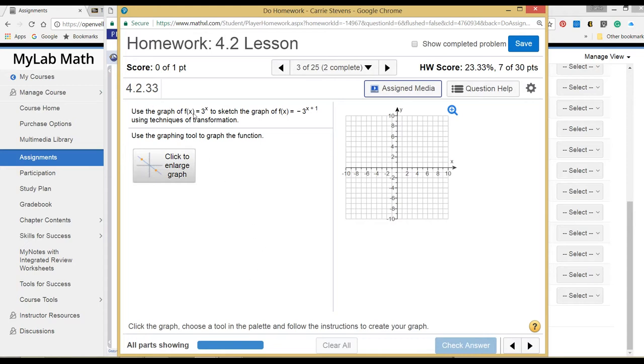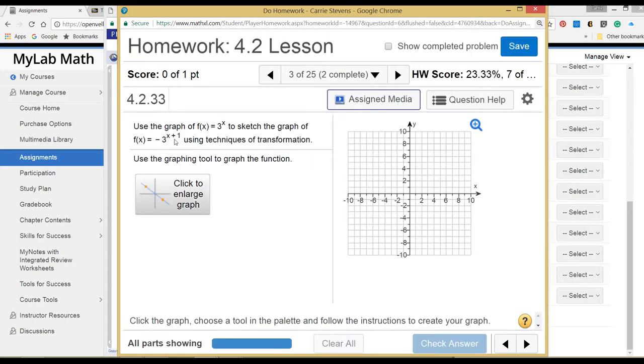Use the graph of f of x equals 3 to the x to sketch the graph of f of x equals negative 3 to the x plus 1. All right, so two things are happening here. We're going to shift to the left 1 unit. We're going to flip vertically because we've got a negative on the outside, on the lead coefficient.